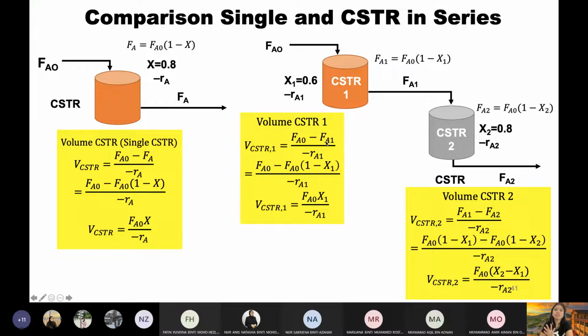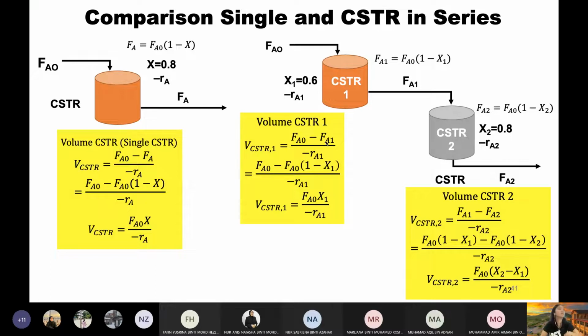Kita dalam reaktor ni, mungkin you might wonder why do we need to always rearrange ke, wujudkan ke, sebab dalam reactor design ni mesti it's always about conversion. We always want to know how much A is converted, how much your raw material is converted. So kalau equation tu tak ada X memang tak boleh, kena ada X dalam equation.